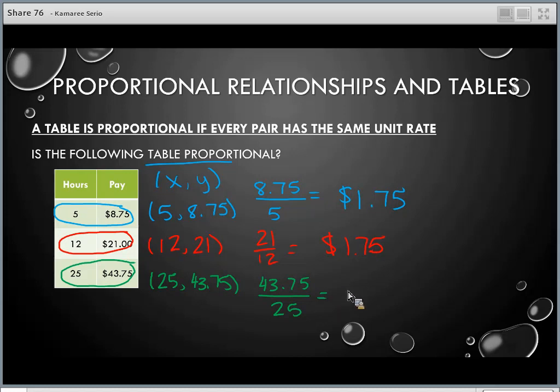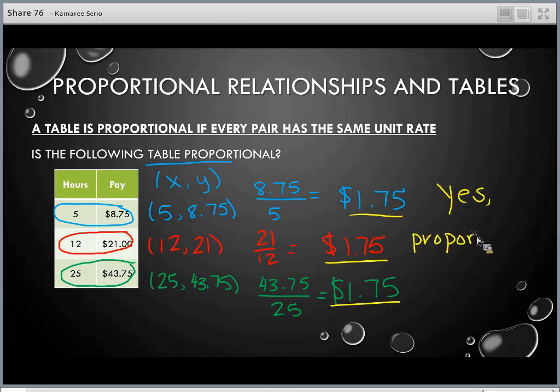And I also get $1.75. So is the following table proportional? 1.75, 1.75, and 1.75. Yes, it is proportional because my unit rates are all the same. Okay, so yes, it is proportional.